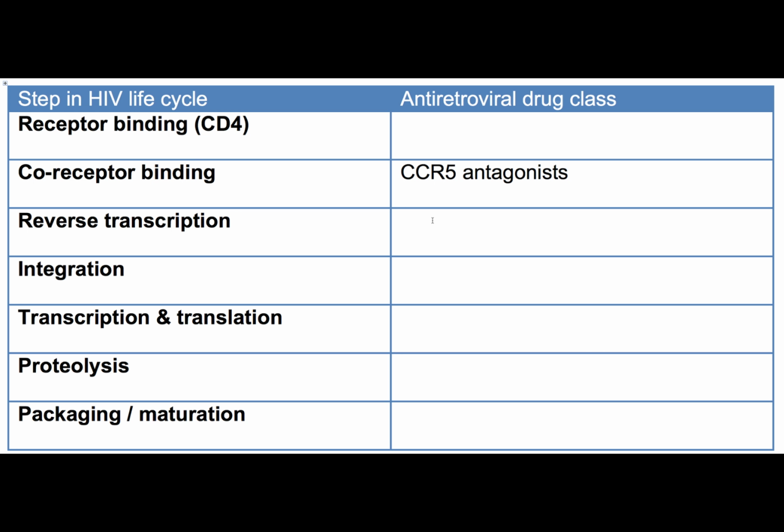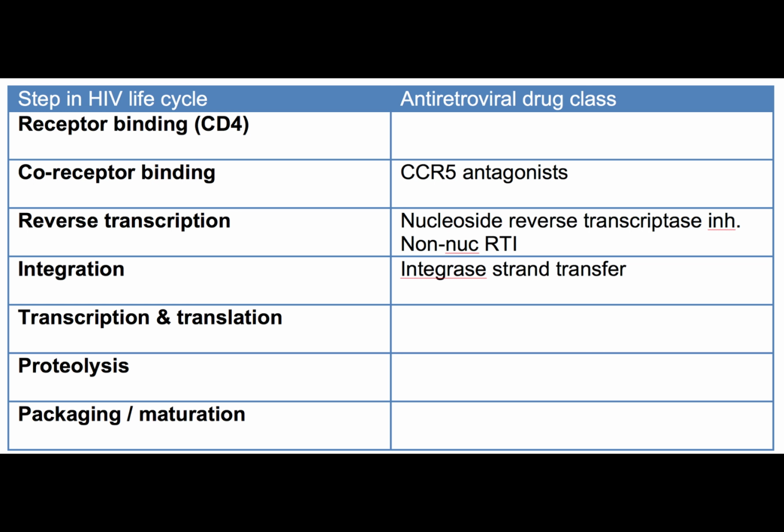We have two classes of drugs that prevent reverse transcription from happening. We have the nucleoside reverse transcriptase inhibitors, and we also have the non-nucleoside reverse transcriptase inhibitors. Integration, we got that beat. We have the integrase strand transfer inhibitors.